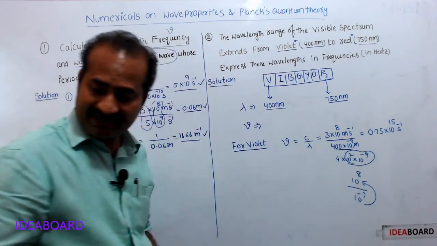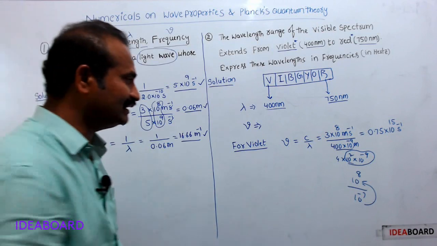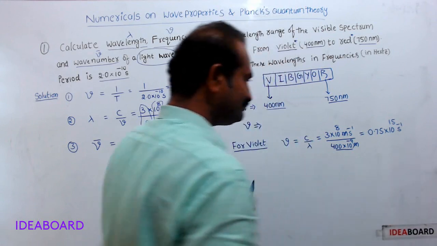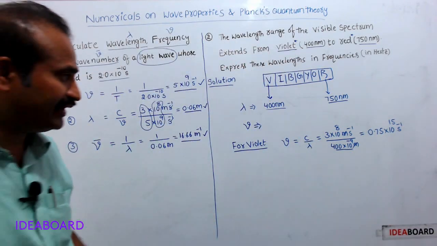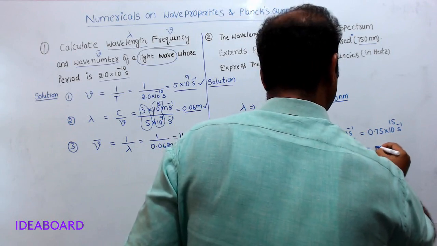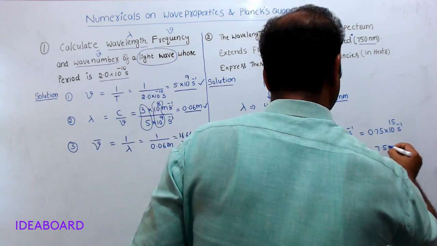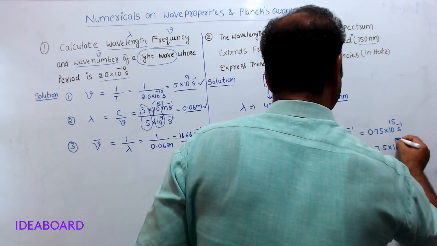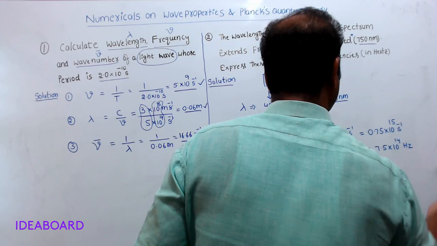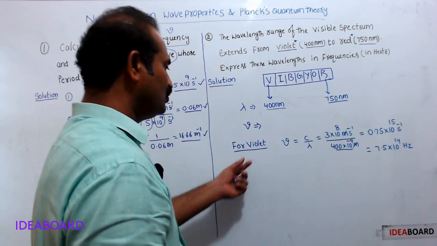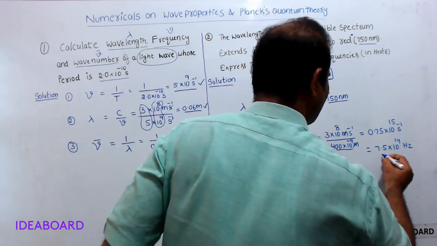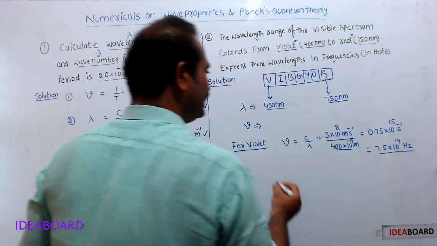Now after adjusting the decimal point, you will get 7.5 into 10 power 14 second inverse. Second inverse is also called hertz. So we are able to find the frequency corresponding to violet, that is 7.5 into 10 power 14 hertz.